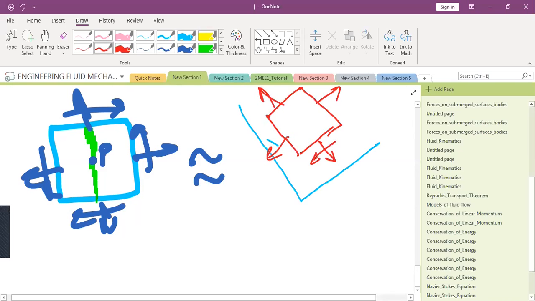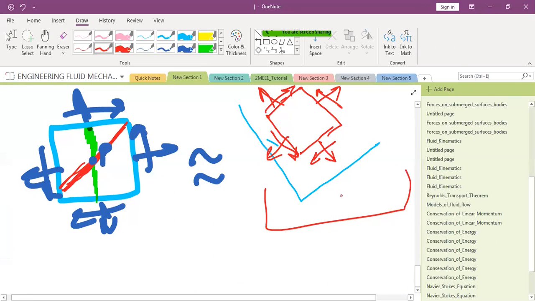So this is somewhat you are finding at point P on a plane that is red now.